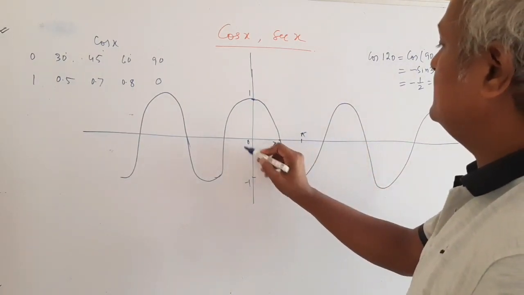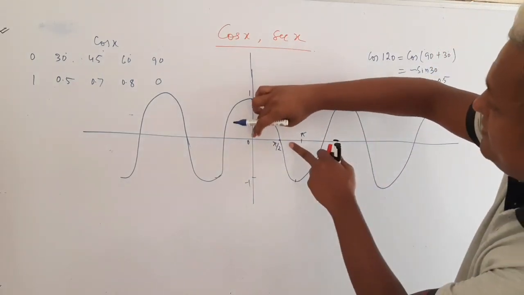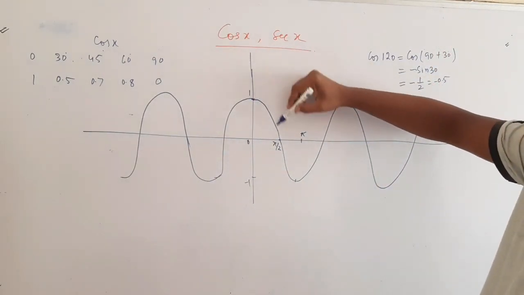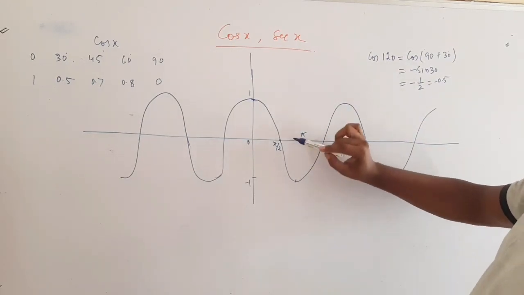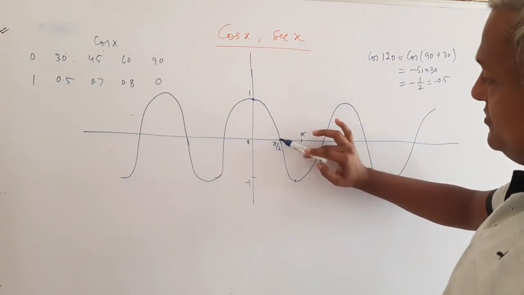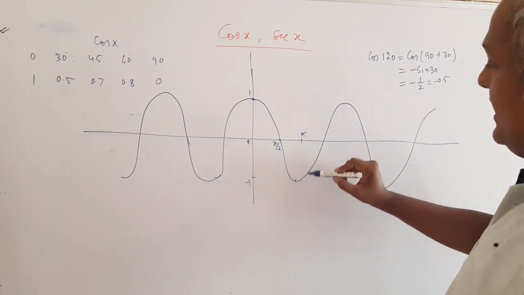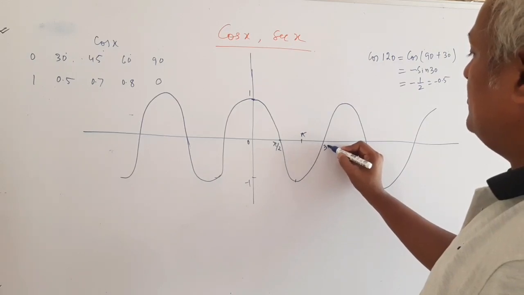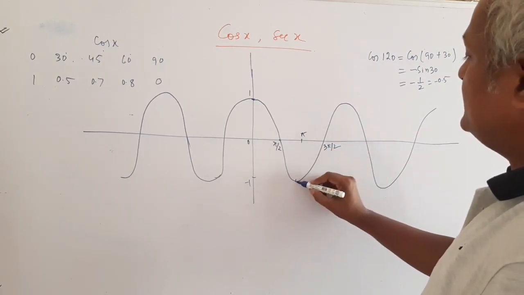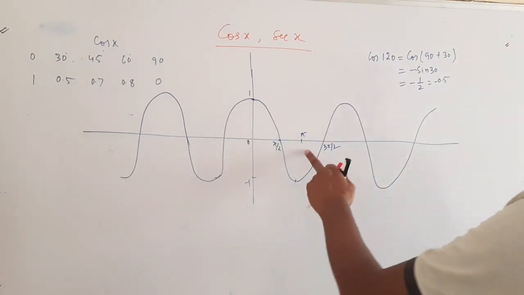So at 0 to pi by 2, the value decreases from 1 to 0, and then from pi by 2 to pi, the value decreases further from 0 to -1, and then from pi to 3 pi by 2, the value increases from here. So this is the third quadrant.